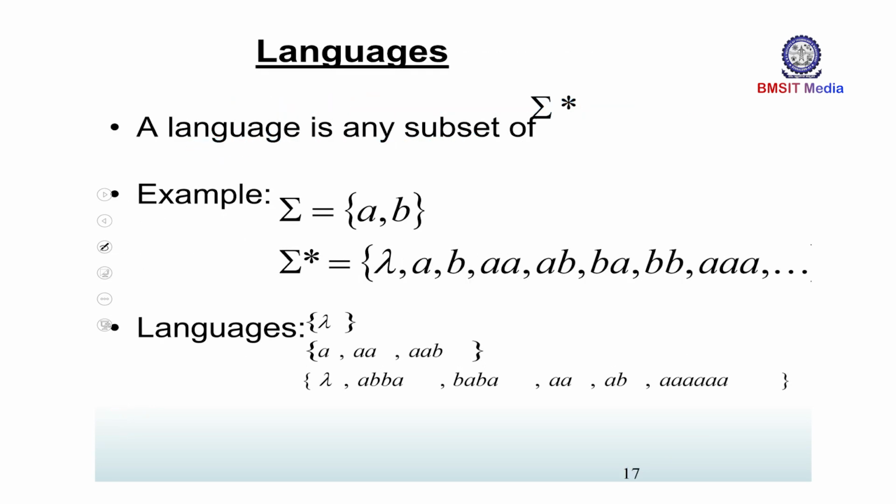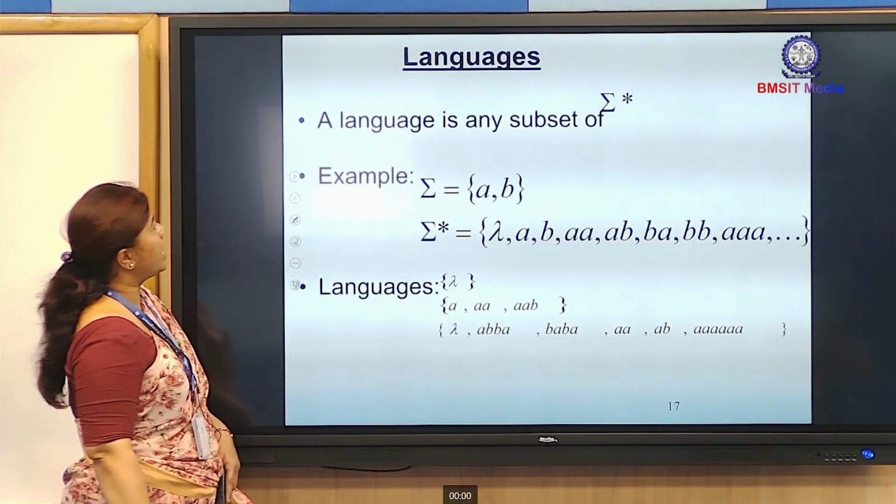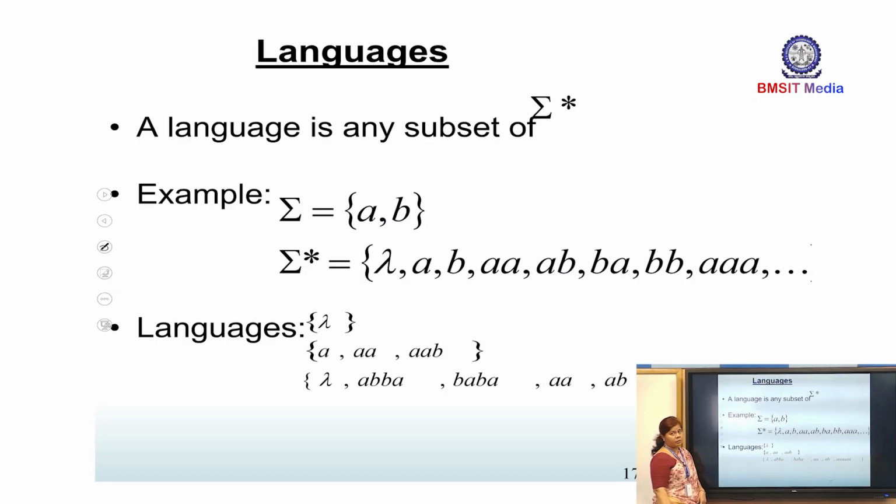Then the concept of languages comes into existence. A language is any subset of sigma star. For example, if your alphabet set consists of A, B, then your sigma star will be the empty string and all the possible strings which can be constructed from the alphabet set A, B. The languages you can define from sigma star include lambda, the empty string, as one language.